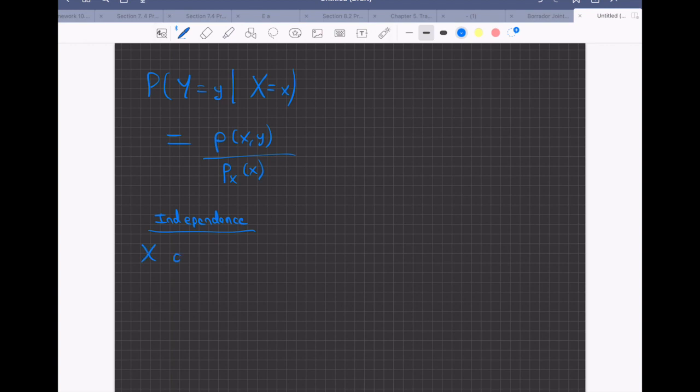We say that X and Y are independent if the joint probability mass function is equal to the marginal of x times the marginal of y, for any x and y that are values of X and Y.